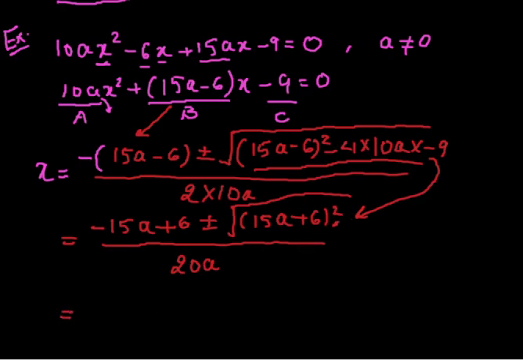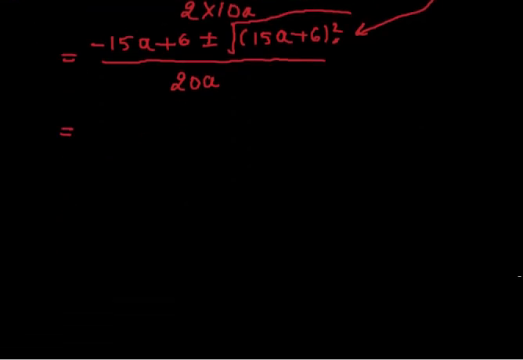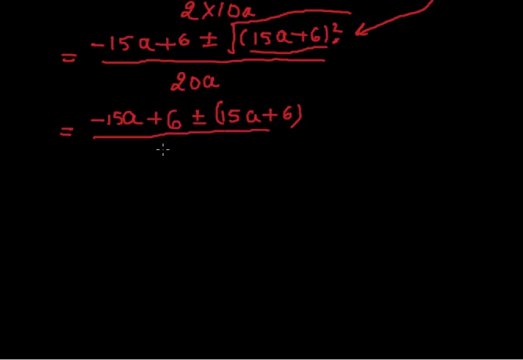This would be equal to minus 15a plus 6 plus minus this. Since this is a perfect square and the square root of a perfect square is the number itself, upon 20a.